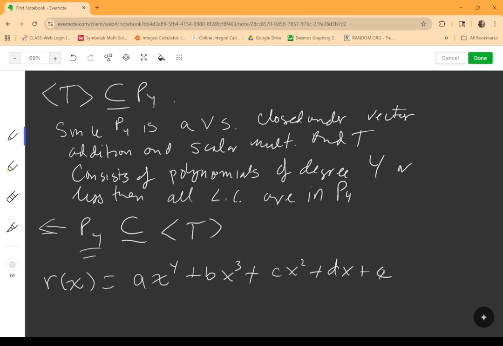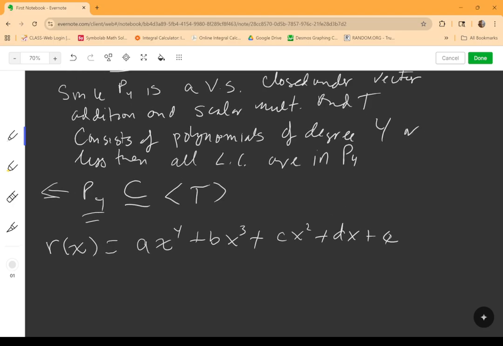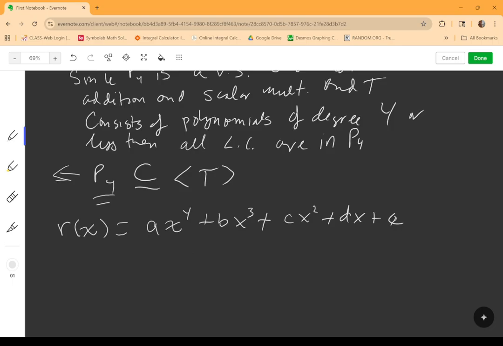That includes 0 as well, so some of these may be 0, but in general, it has this form. So let me start by writing a linear combination of T, since I want to show that I can write any polynomial in P4 as a linear combination of T.